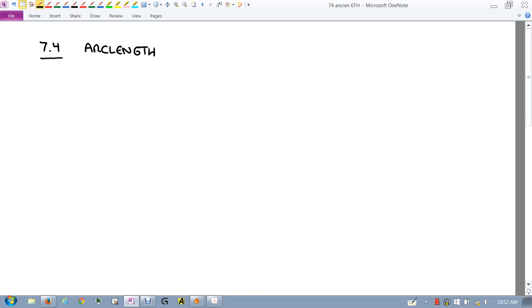We can do rotations around the x-axis, y-axis, different lines, perpendicular cross-sections. We can find volumes. Now, a sort of different idea, which is the idea of arc length. And you would think that this would be easier to do than what we've done, but it turns out it's a little bit more challenging.